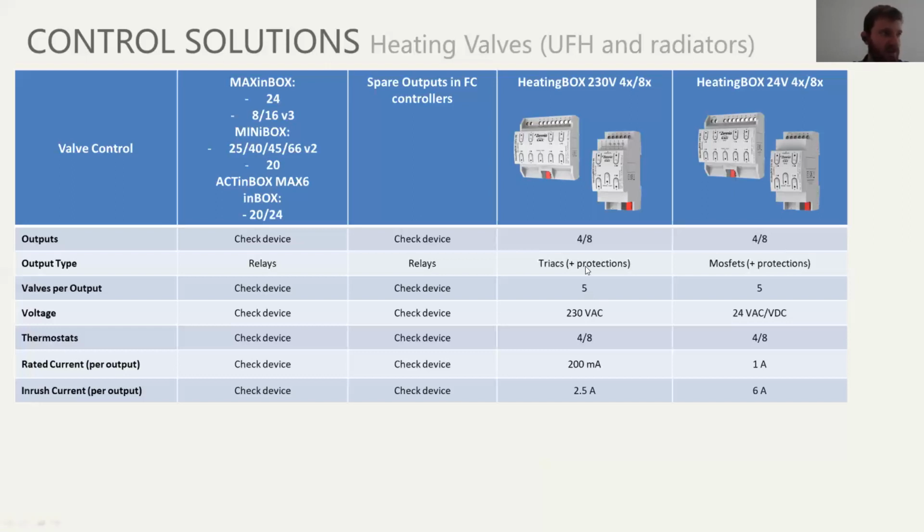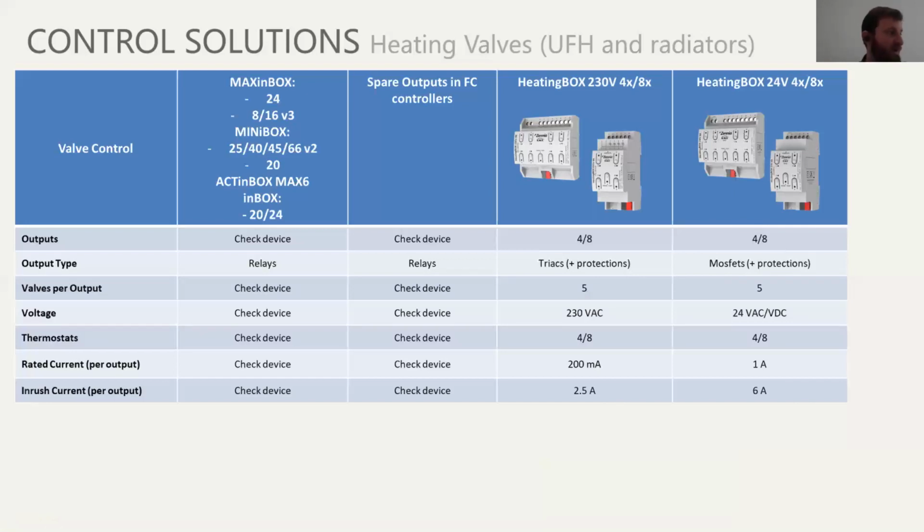So you can see it kind of matches the 5 in 230 volts. So 5 valves of 40 milliamps would be 200 milliamps, with an inrush current of 2.5 amps. And in the 24 volt, that's a bit higher, 1 amp and 6 amps.